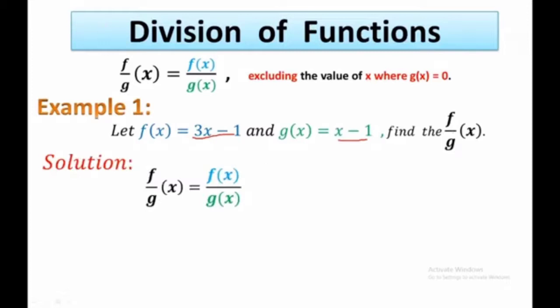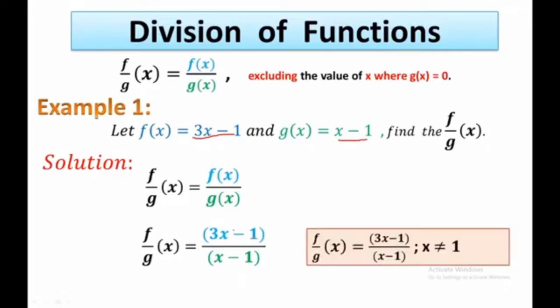Solution. So our f over g of x, substitute na natin or replace our f of x and g of x with the given value. Our f of x here is 3x minus 1 and our g of x is x minus 1. And then perform the operation.